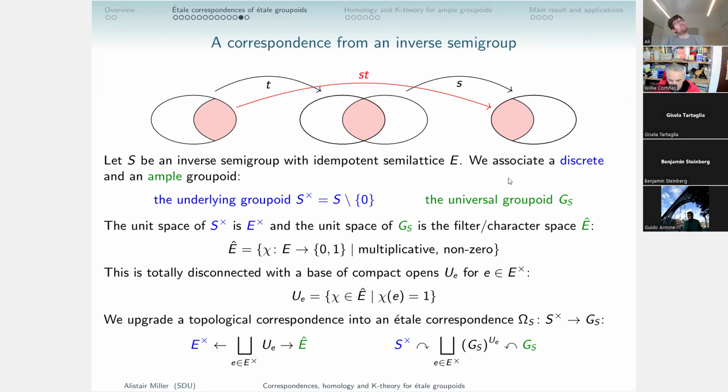But the point is about how you encode the equivariance with respect to the inverse semigroup. Because what I've got here is I said that we could upgrade the topological correspondence into this correspondence of the groupoids. What's really going on is this topological correspondence is equivariant with respect to the inverse semigroup in a good enough way that you can do this.